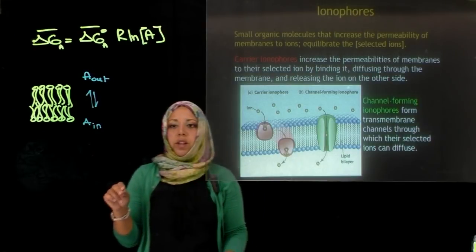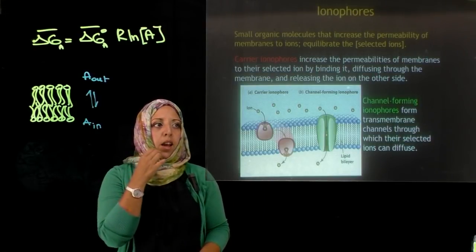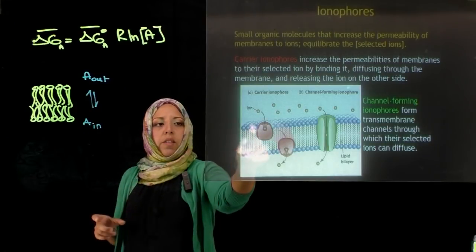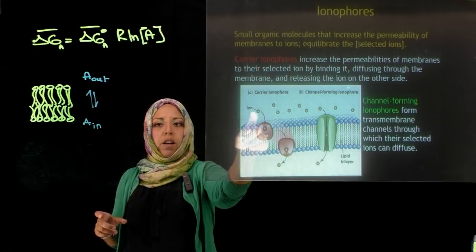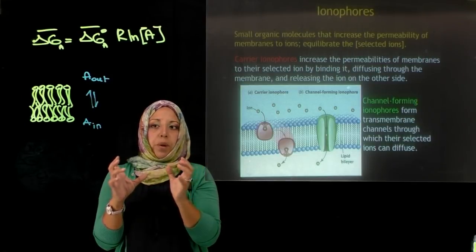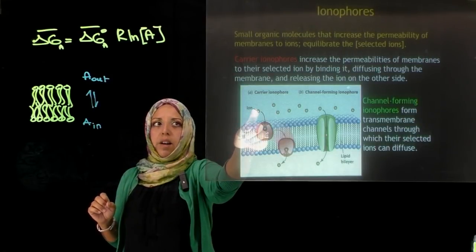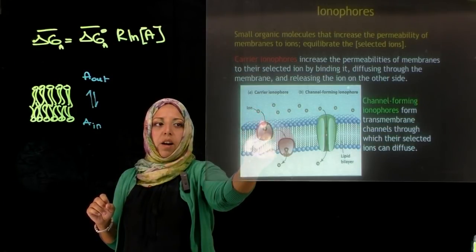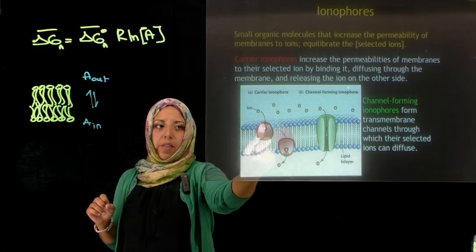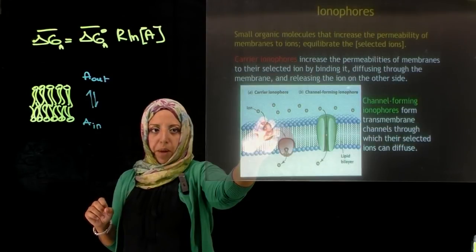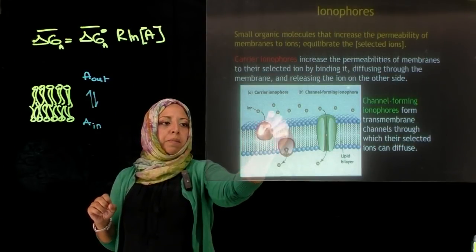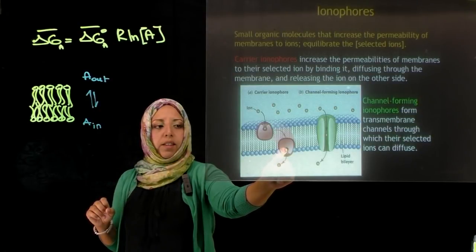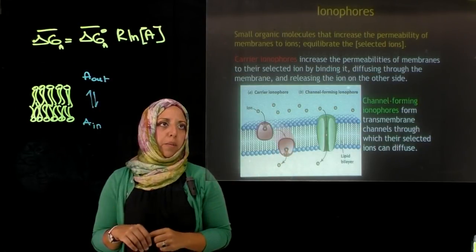Another type are known as carrier ionophores, and those also increase the permeability of the membrane for specific ions. Carrier ionophores bind a specific ion on one side of the membrane, and then that protein or peptide or molecule can diffuse across the membrane and release the ion on the opposite end of the membrane.